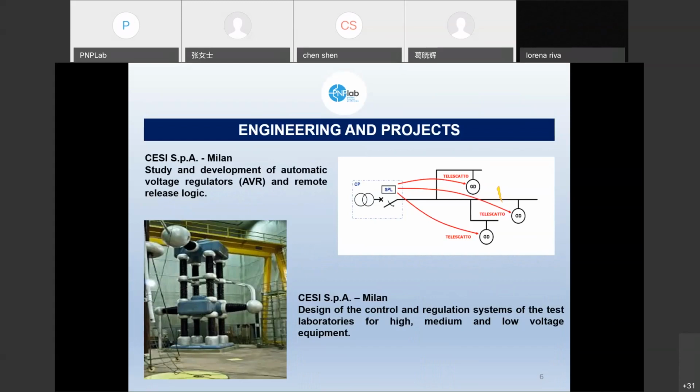For CSPA Milan, the study and development of automatic voltage regulators, so AVR, and remote release logic, and also the design of the control and regulation systems of the test laboratories for high, medium, and low voltage equipment.